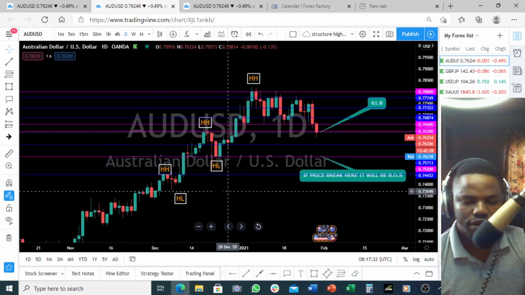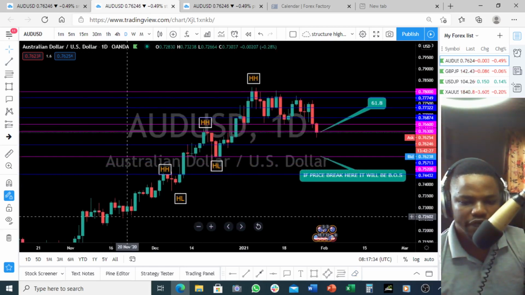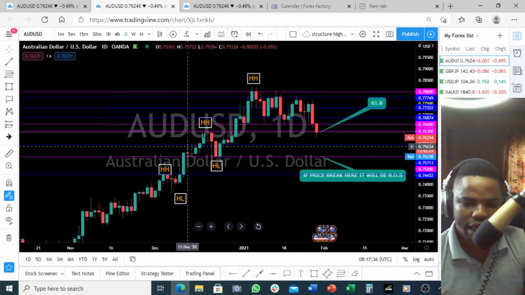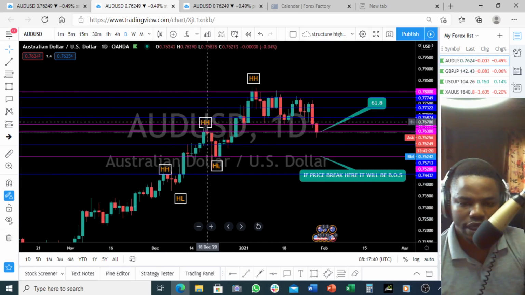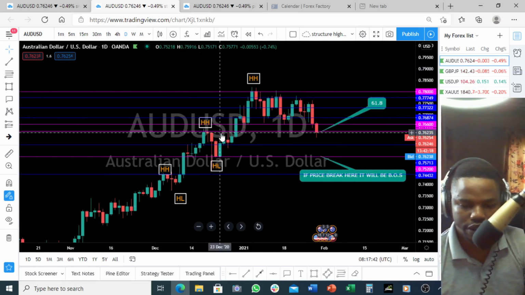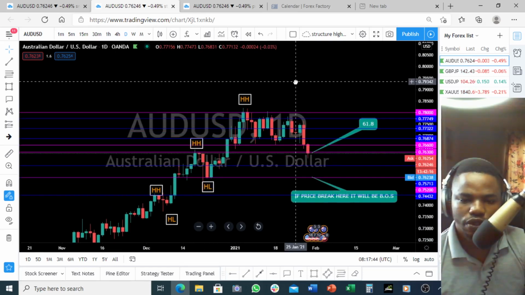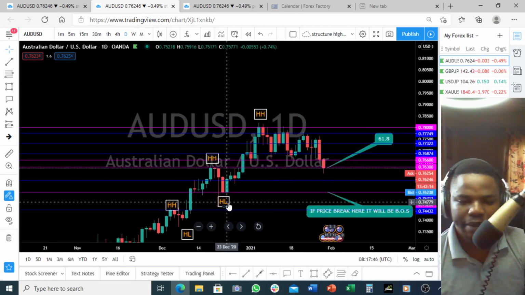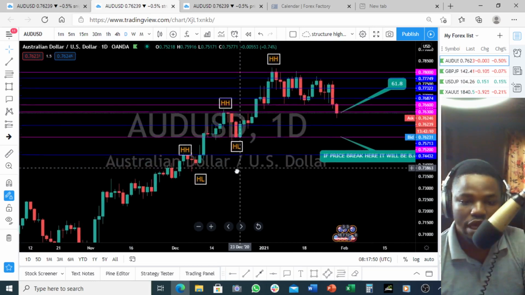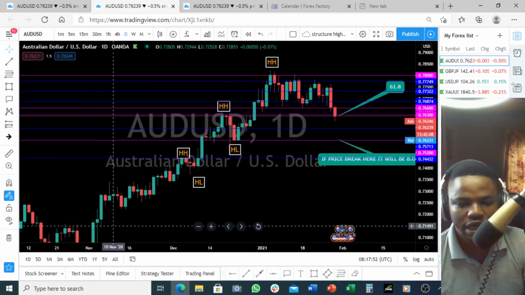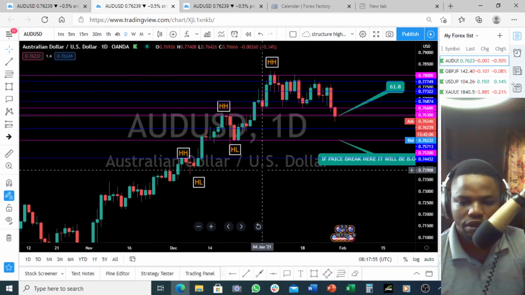I said to identify an uptrend, you must identify it using higher highs and higher lows, and so on. I identified my higher highs and higher lows from this uptrend structure, because by just looking at this, you can see this is an upward move.